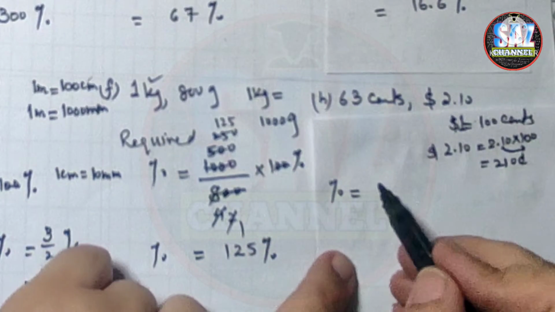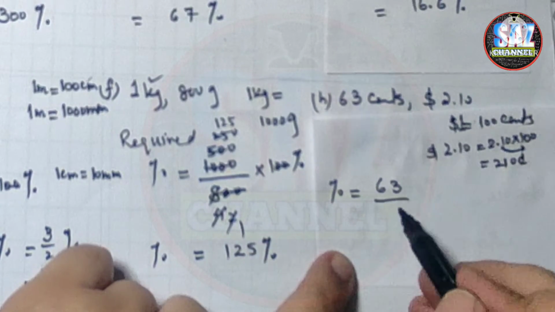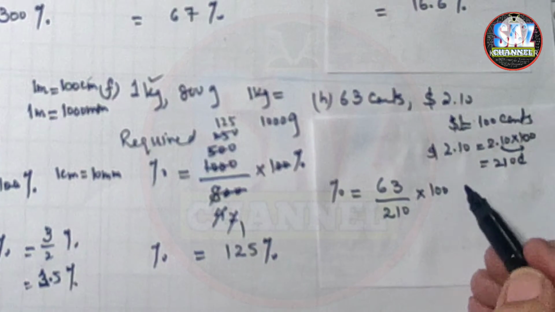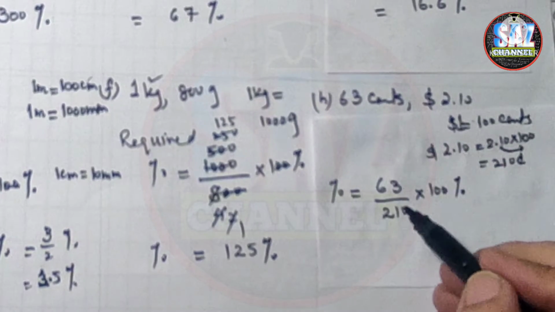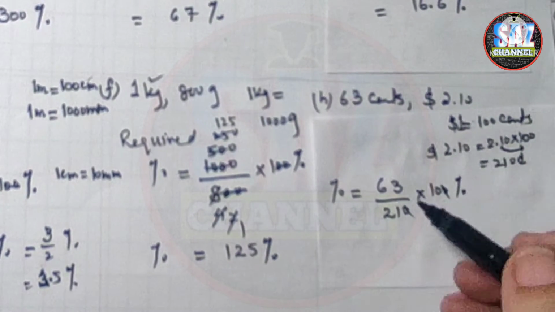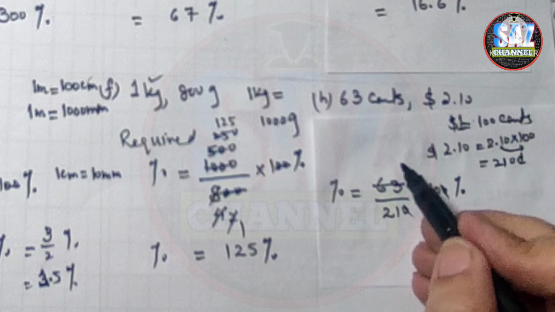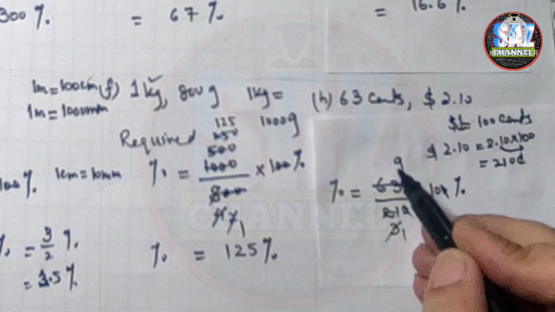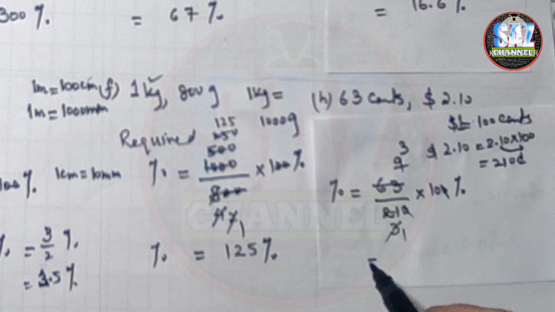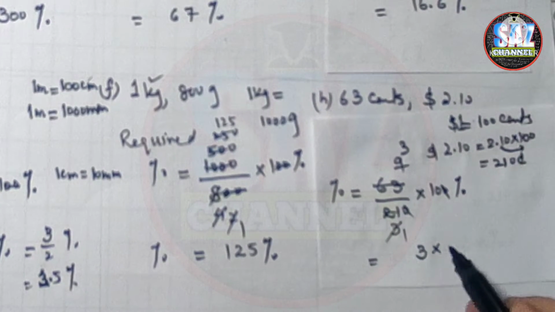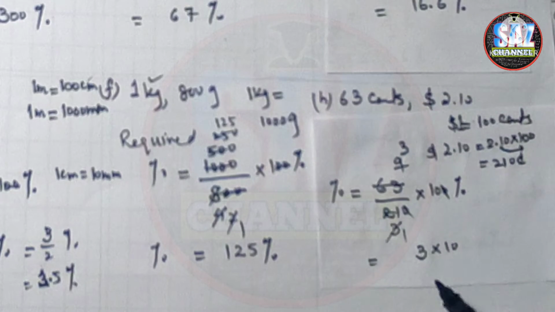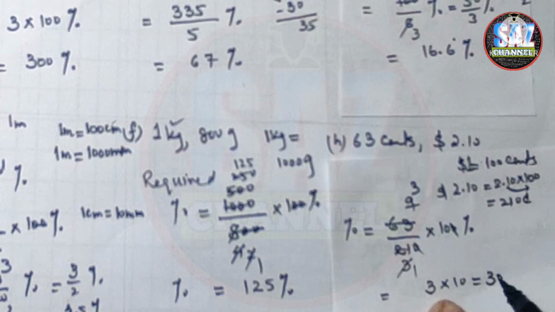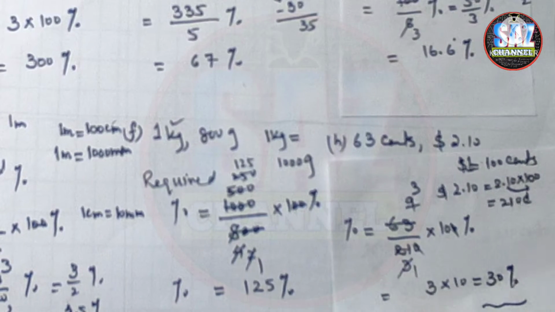Percentage will be equal to 63 divided by 210 multiplied by 100%, and now 0 goes with 0, and then 7 9s are 63 and 7 3s are 21, and 3 1s are 3 and 3 3s are 9, and we are left with 3 multiplied by 10, which is 30%, so the required percentage is 30%.